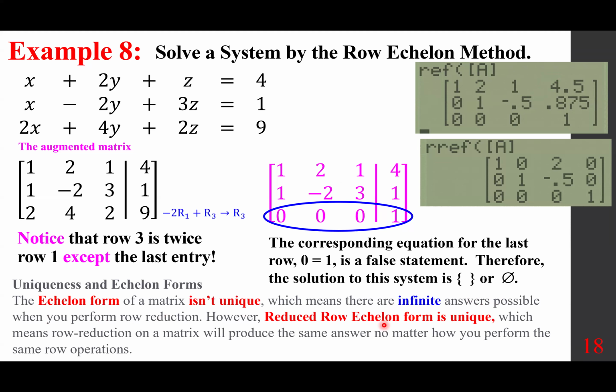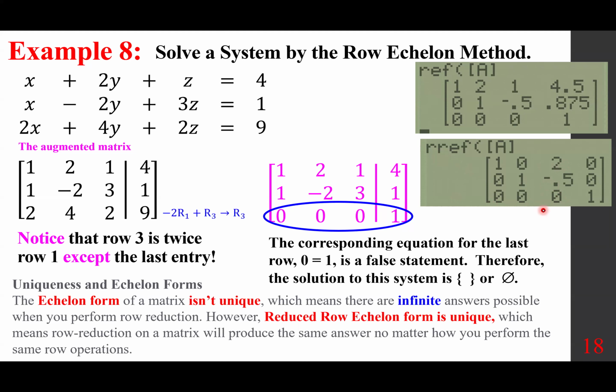However, reduced row echelon form is unique, which means row reduction on a matrix will produce the same answer no matter how you perform the row operations. In this case, in order to get to RREF, no matter how you do it, this is exactly what you are going to end up with.